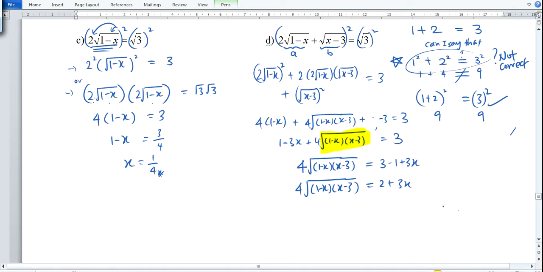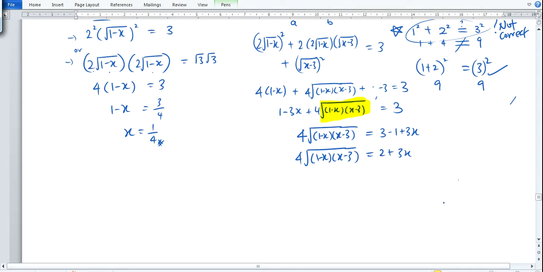Now I'm ready to do a second round of squaring both sides in order to remove my last square root.